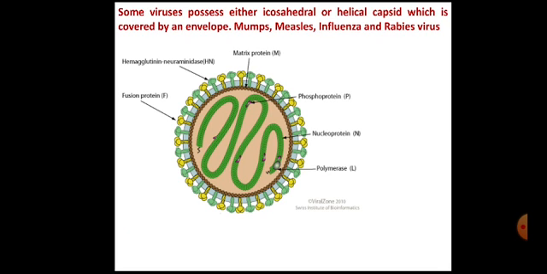This is similar to the structure of coronavirus. So coronavirus also has its own RNA polymerase enzyme responsible for its replication. So all these envelope proteins are responsible for attachment and fusion with alveolar epithelium.